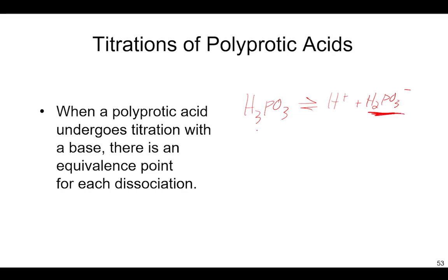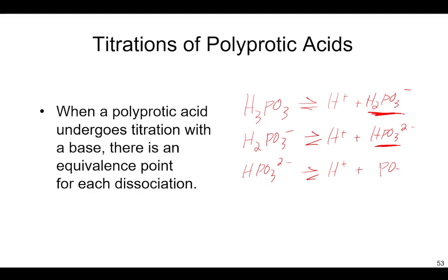And then this conjugate base that's created can itself end up looking like an acid and donate a proton. And this HPO3, well, that can donate a proton. And so there are many protons, or polyprotic acids, right? So here there are 3 in this polyprotic acid.